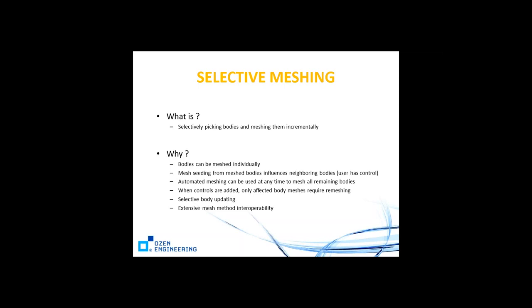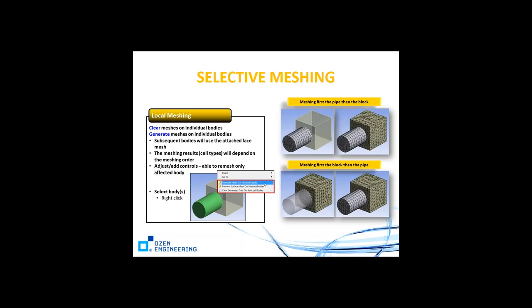The answer is no, but the reason is that mesh seeding from meshed bodies influences the neighboring bodies. Automated meshing can be used at any time to mesh all the remaining bodies, but when you do selective meshing, only affected body meshes require remeshing. And the other thing is you can record this so that the next time you have to remesh it, it will also mesh it in that order.